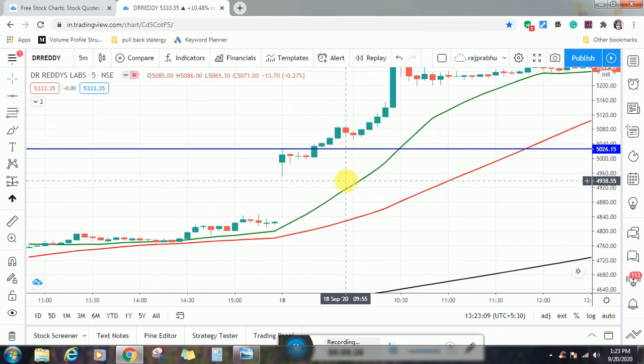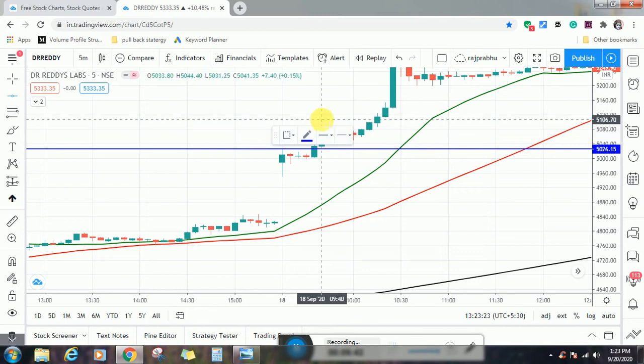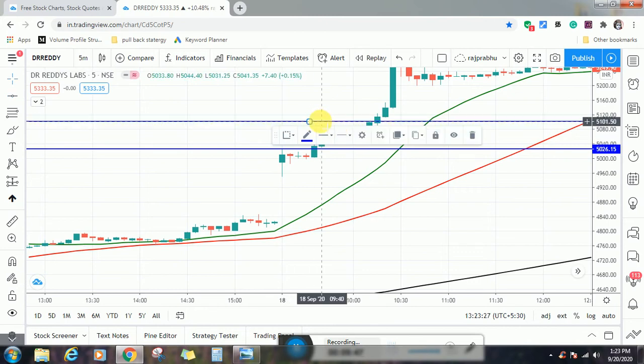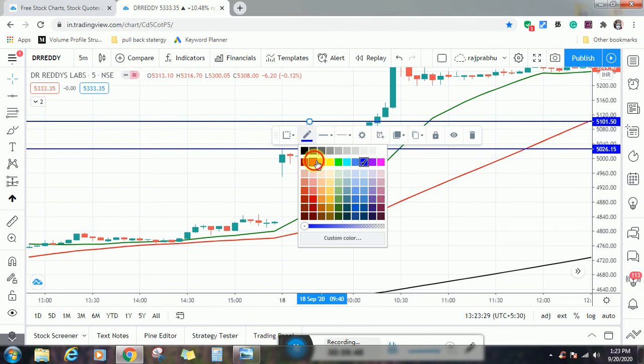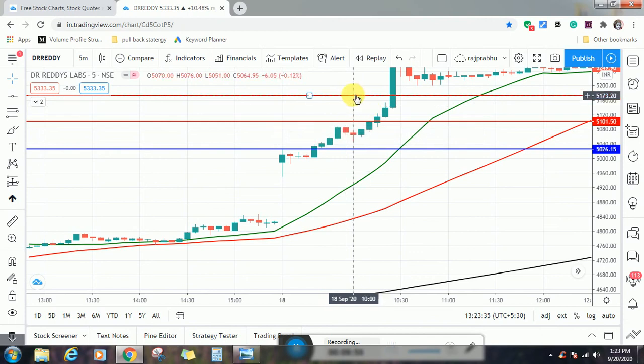Why are we using CPR? Because I am giving an example. At this level if we plot CPR you get more confusion, so I only plot some lines for CPR. Consider this as CPR lines. This is resistance 1 and it is resistance 2.